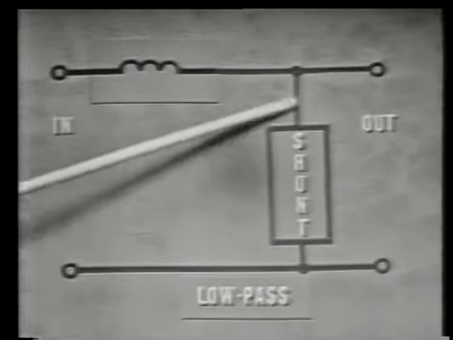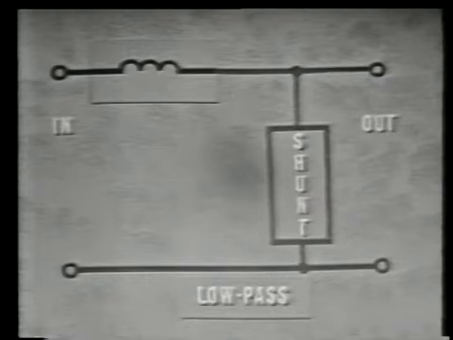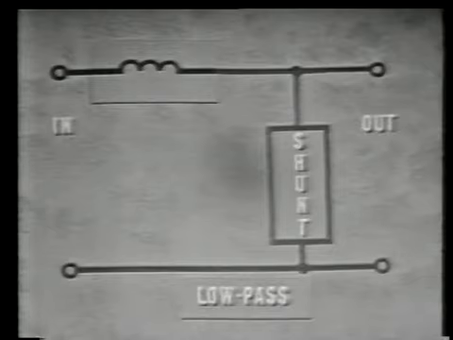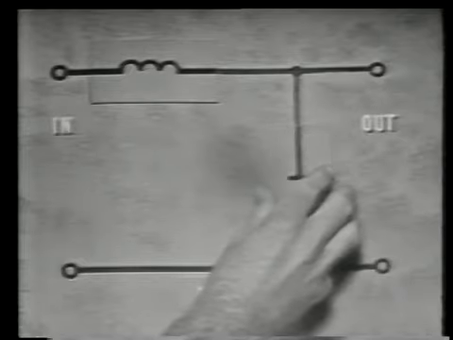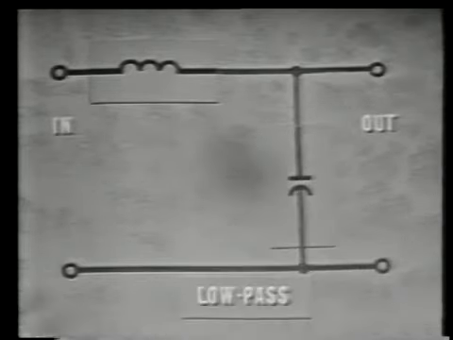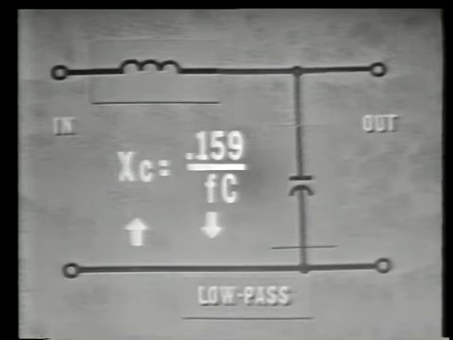The shunt opposition, however, must work the other way. That is, it must be large at low frequencies so it can develop our output voltage, and it must be small at high frequencies to shunt them away from the output. The capacitor fills the bill for our shunt component. At low frequencies, it offers a large opposition.